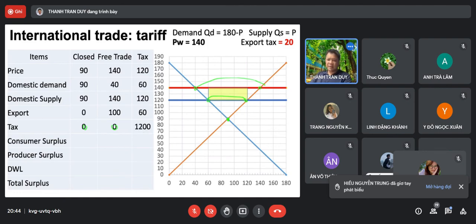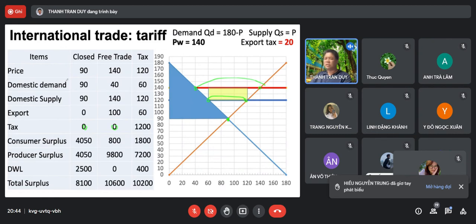So the same for consumer surplus. Now, in the case of consumer surplus, we have to look at this one. This is the consumer surplus if we have a closed economy, right? And let me change it first.